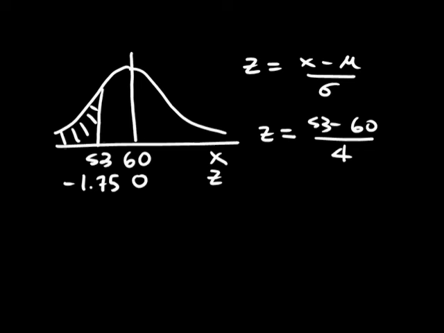So we're going to have to use our z-table to deduce the answer. We'll use our z-table to deduce the percent of the bell that is not shaded. We don't know what that is.